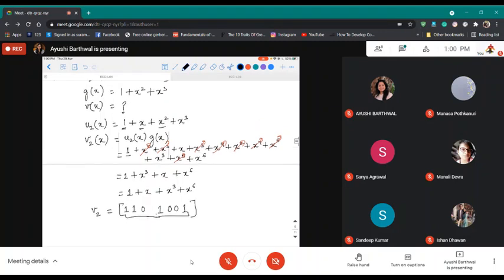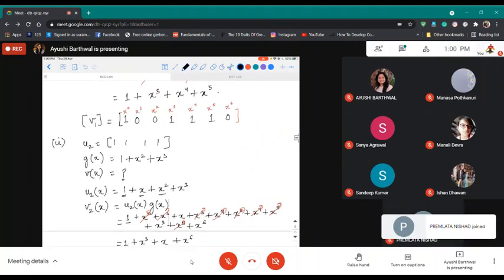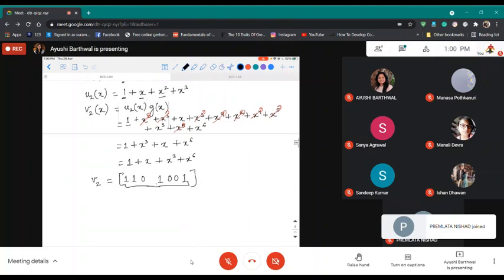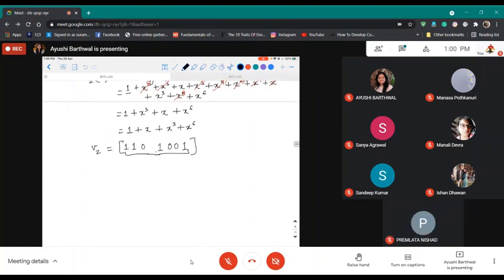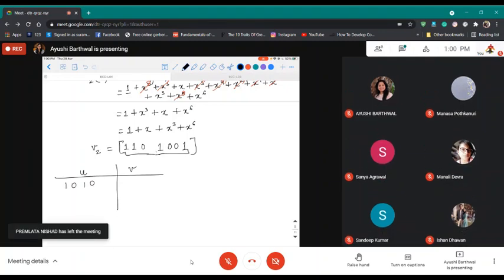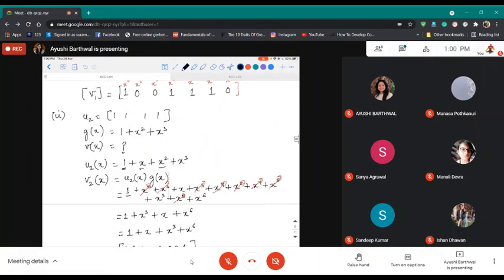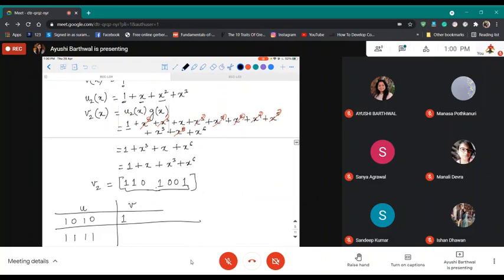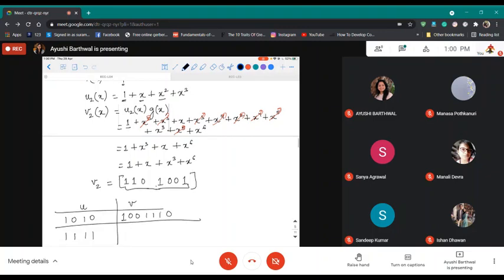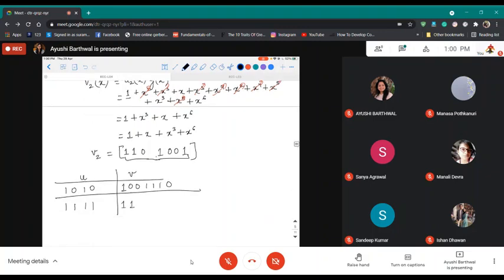So this is how you obtain the code words. Now if I write down the value of the message vector and code vector, we know from this numerical that u was 1010 and 1111, and the code word for that was 1 0 0 1 0, and for this it was 1 1 0 1 0 0 1.